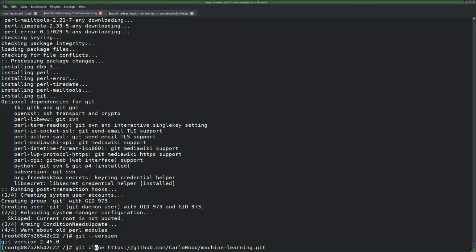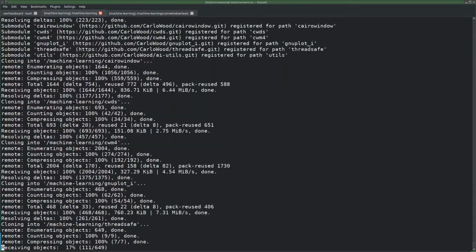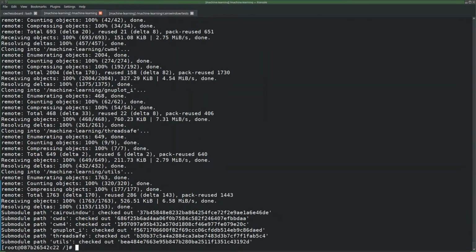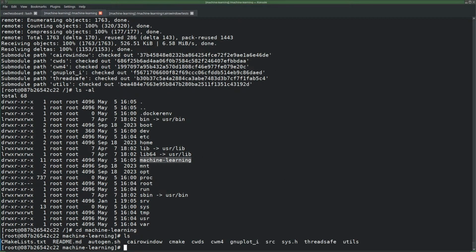Let's just use a recursive. Let's not install things too hasty. I know I don't have CMake, but I want to run into every possible error.